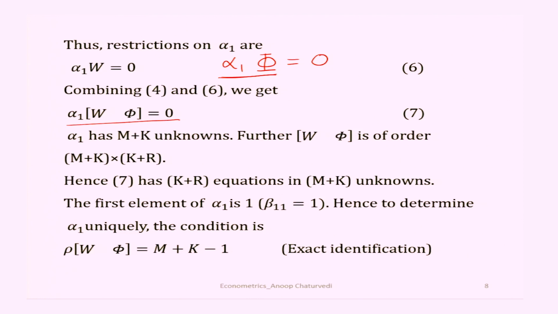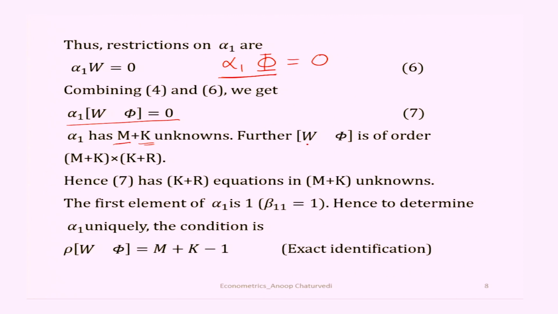Now, how many unknowns are there in alpha_1? m plus k. It has m plus k elements. Actually, alpha_1 is a row vector and it has m coefficients corresponding to the endogenous variables and k coefficients corresponding to the predetermined variables. So, in all there are m plus k unknowns involved in alpha_1.